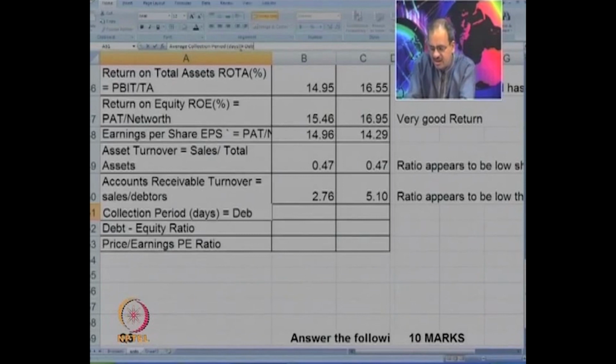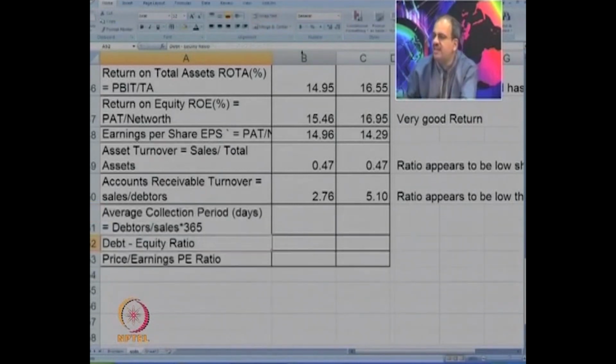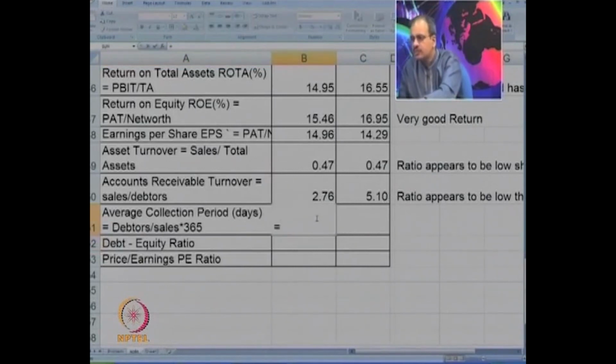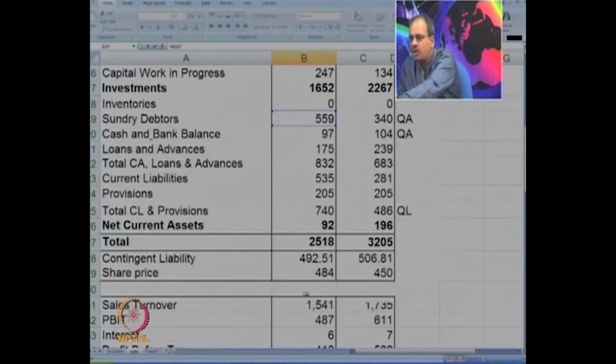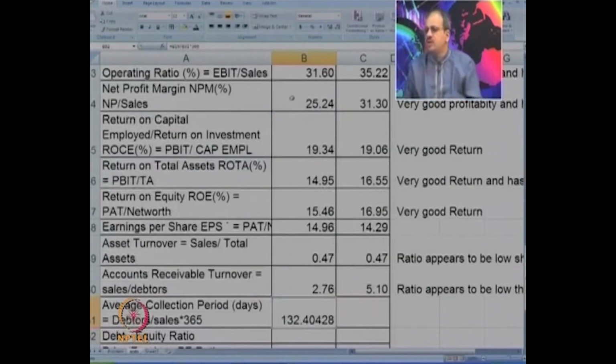So, we will take debtors in the numerator and divide it by sales and multiply it by 365, so that we get it in terms of number of days. So, it is debtors upon sales turnover into 365. So, you get 132.